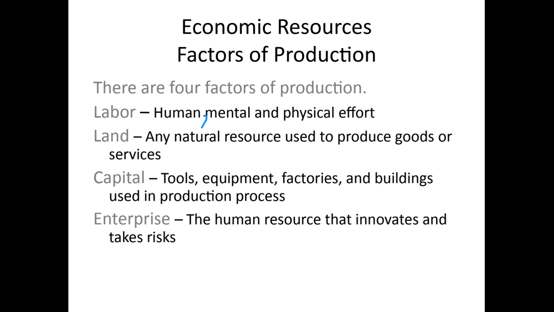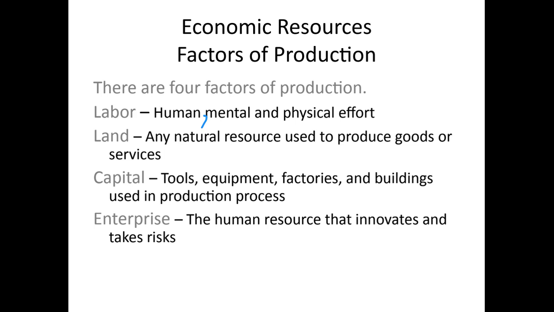By labor, I mean skilled labor, unskilled labor, semi-skilled labor. So these are all included in this definition, that is labor. Second, land. Land does not mean a piece of land. Land is anything that is provided by nature.